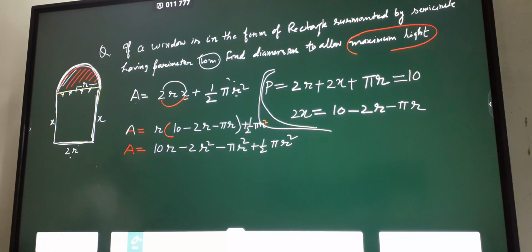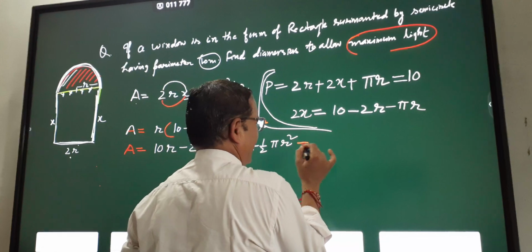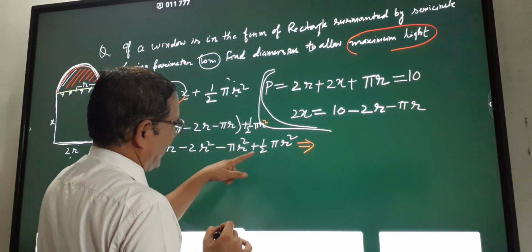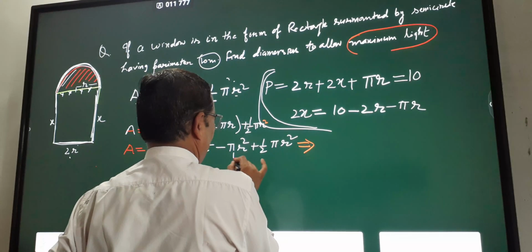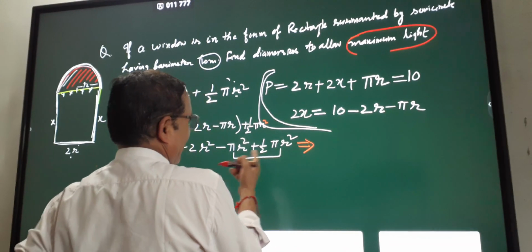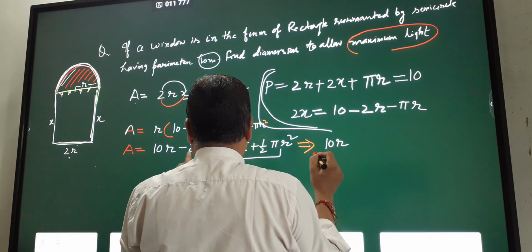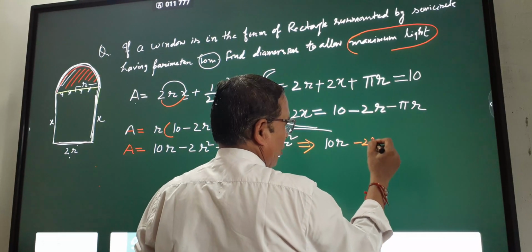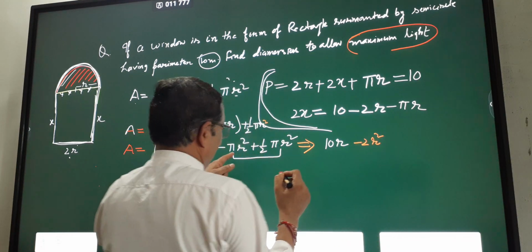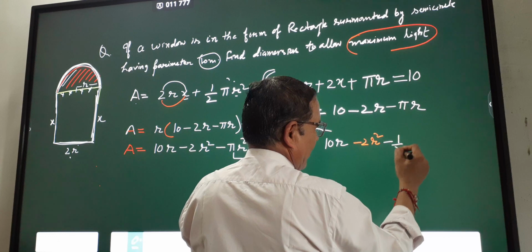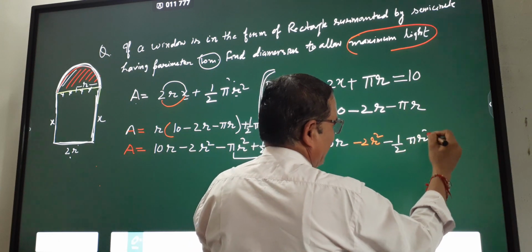Now in this line we can simplify it. 10r, no problem. Minus 2r square, no problem. Pi r square and half pi r square are two like terms, so half pi r square minus pi r square gives minus half pi r square.